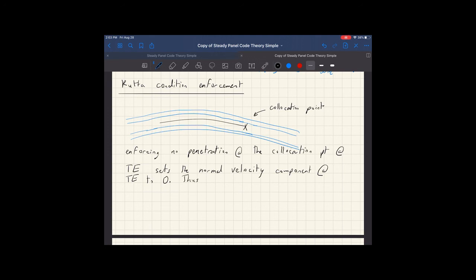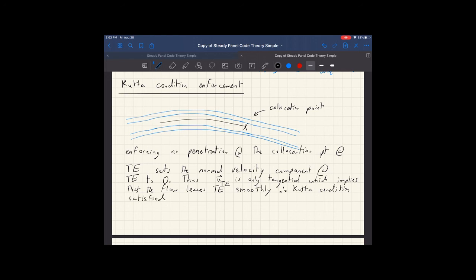Thus, the velocity vector at the trailing edge is only tangential, which implies that the flow leaves the trailing edge smoothly, meaning that the Kutta condition is satisfied.